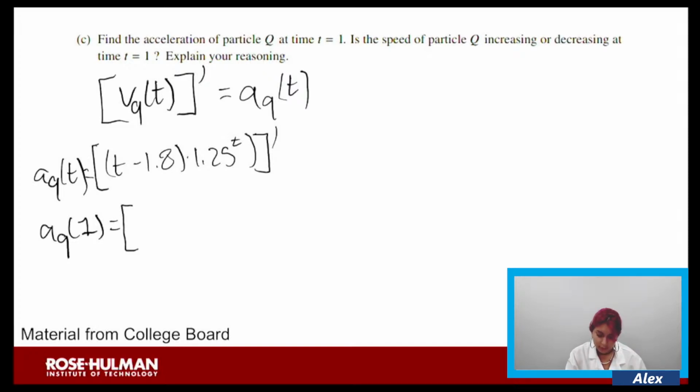which would give you t times 1.25 to the t minus 1.